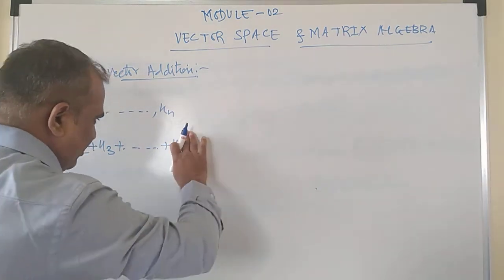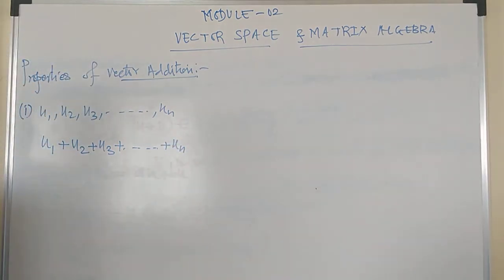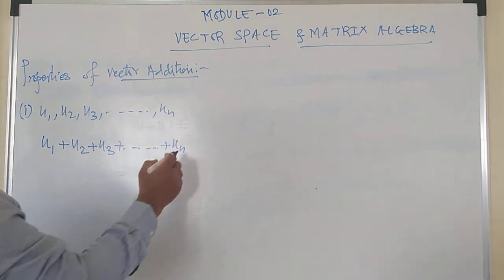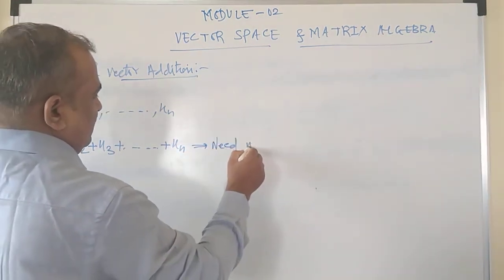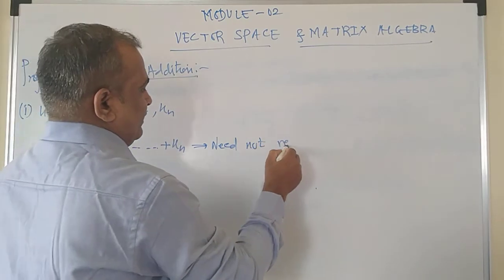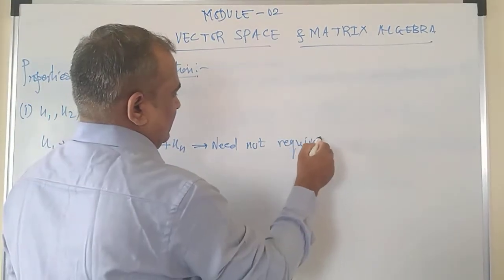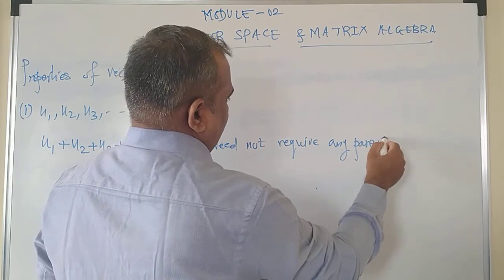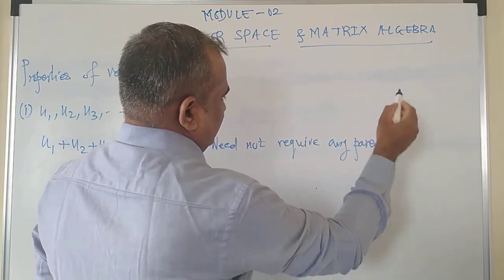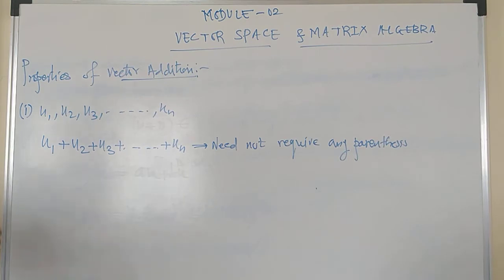Generally the addition of various quantities we keep into a parenthesis, but in case of this vector addition you need not require any parenthesis, isn't it? So this is the first property of the vector addition.